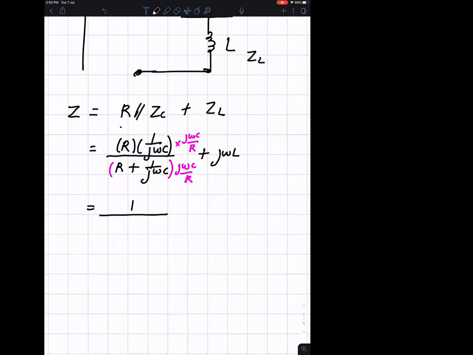Am I right? So we multiply this through, you're going to get j omega C over R, plus 1 over R, plus j omega L.